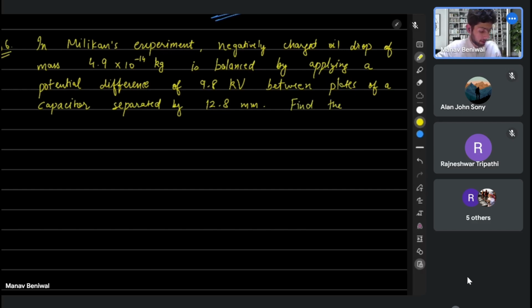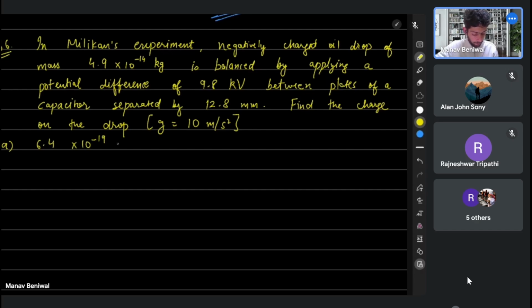Find the charge on the drop and consider g to be 10 meters per second squared. Okay, your options are A 6.4, B 1.6 times 10 to the power minus 18 coulomb, C 3.2 times 10 to the power minus 16 coulomb, and D 8 into 10 to the power minus 18 coulomb.